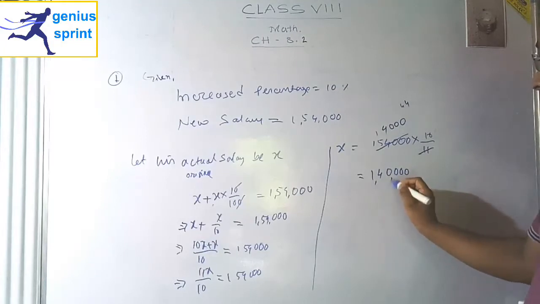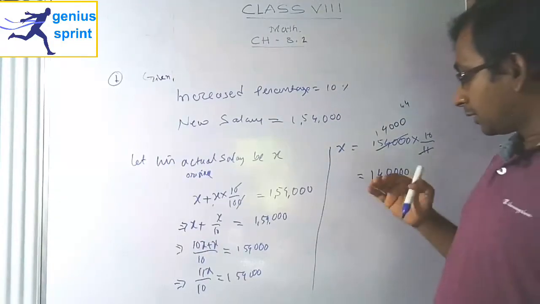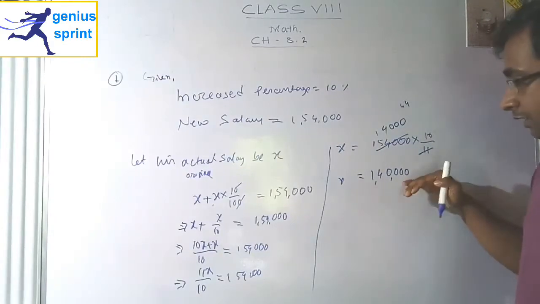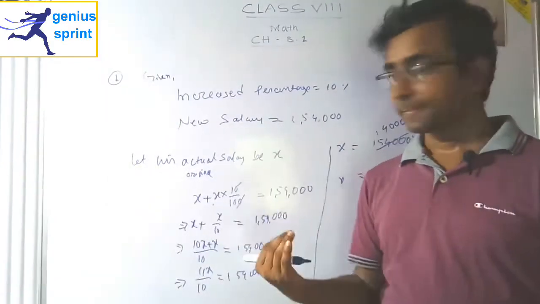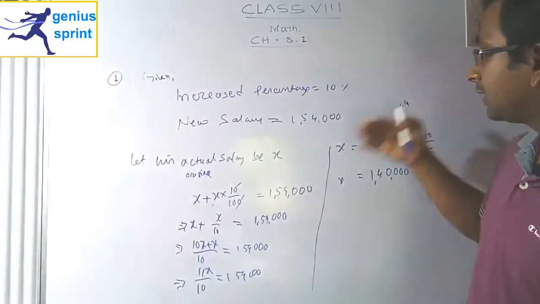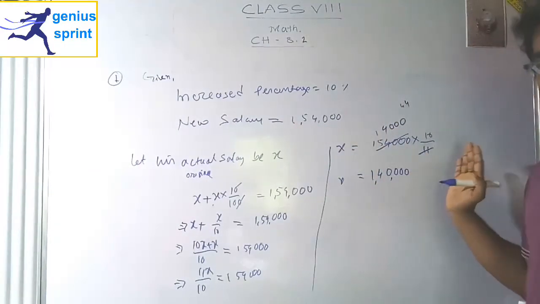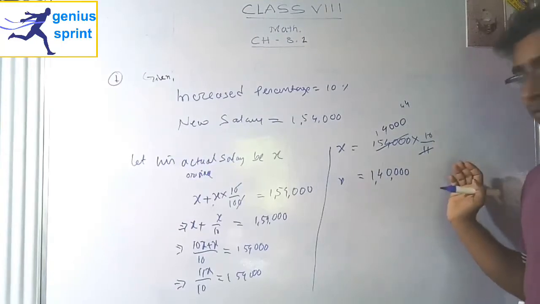So it is 1,40,000. That means the value of X is 1,40,000, his actual salary, and after a 10% increase he will get 1,54,000. I think it is very easy for you now, and hope you understood these things.